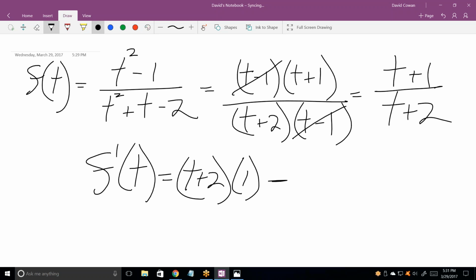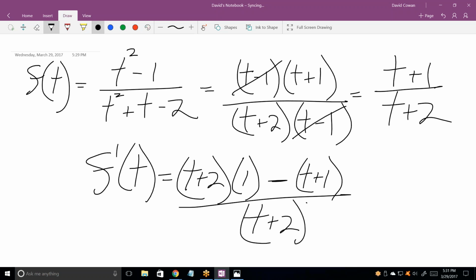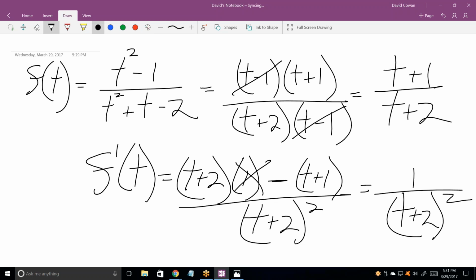What's the rest of the top? t plus 1 times 1, all over t plus 2 squared. Notice the bottom. I got a t minus t, I got a 2 minus 1. The top just becomes 1, all over t plus 2 squared. Did I do that right? Yeah.